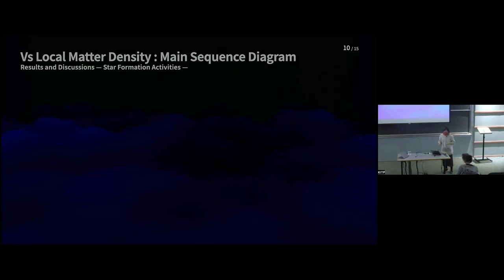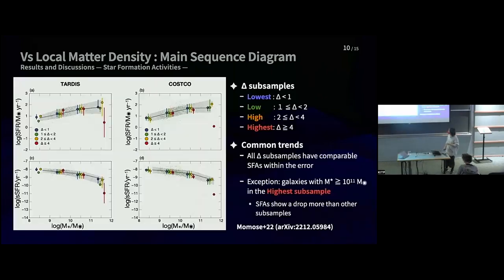We also looked at whether we could see the same trend in the main sequence diagram when we divided our galaxy sample into four based on local matter density. And here are the results. A different color indicates a different density of the sample, blue is the lowest density, and red is the highest density.